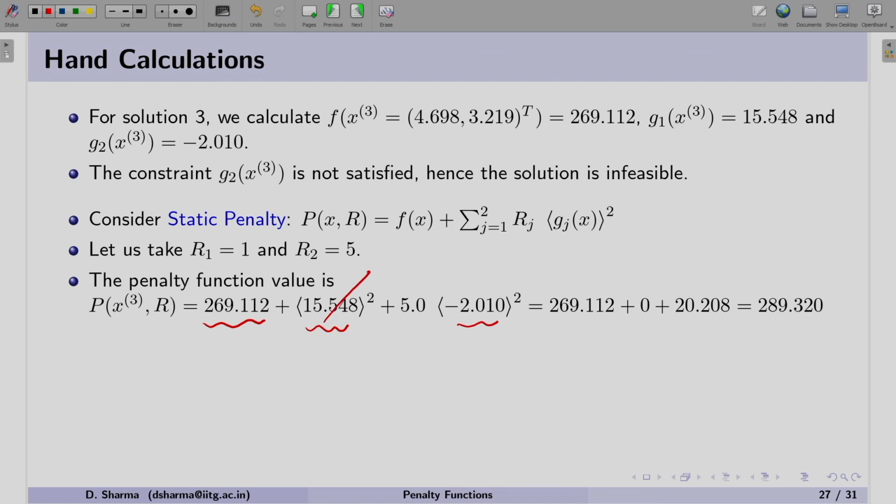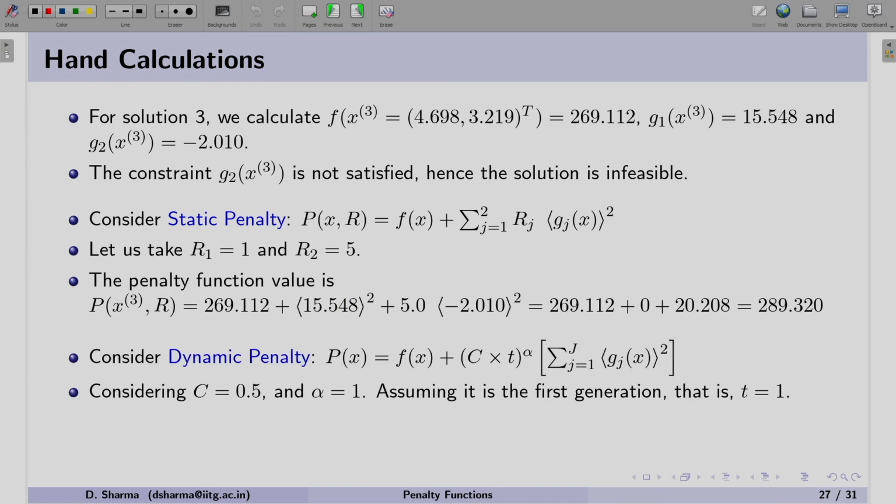Now, we know that since it is satisfied, it is going to be 0, and here this constraint violation will be squared and multiplied by 5. We are adding a penalty here. So the overall penalty function value, we can see it is 289.320, which is larger as compared to the function value 269.